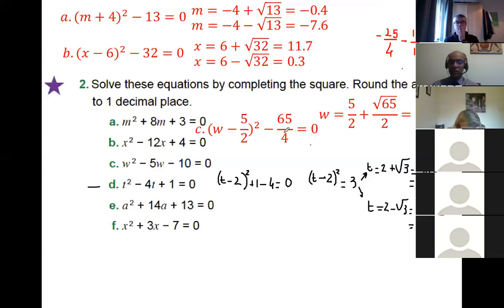So you just use your calculator to type 5 divided by 2 plus root 65 divided by 2. So basically it's root 65 divided by root 4, and because it's root 4 at the bottom, we just change it to 2, which is easier. 6.53 rounds to 6.5, and the negative part will round to minus 1.53, which is just minus 1.5.